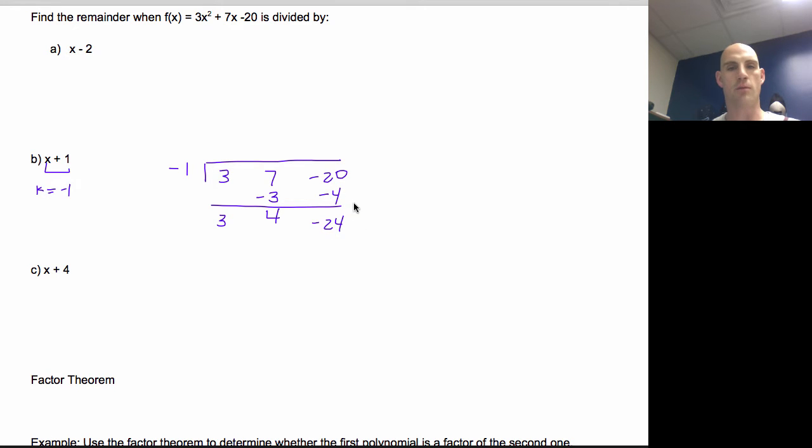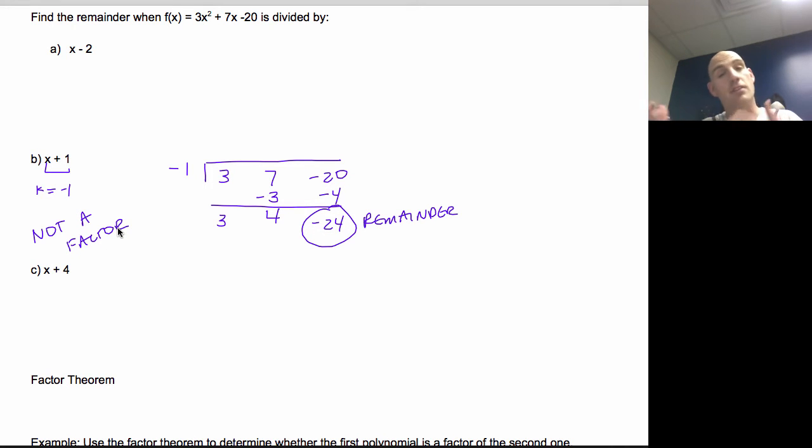What we see is our remainder is negative 24. What that tells us is that x plus 1 is not a factor, because if it was a factor, there would be no remainder when I divide using synthetic division or regular polynomial division.